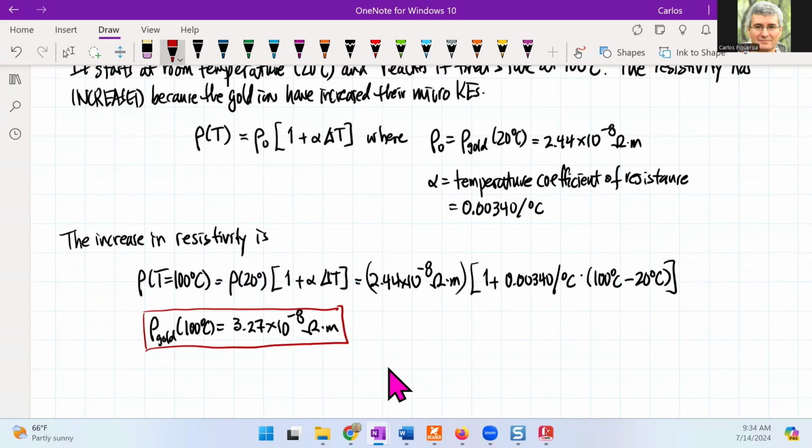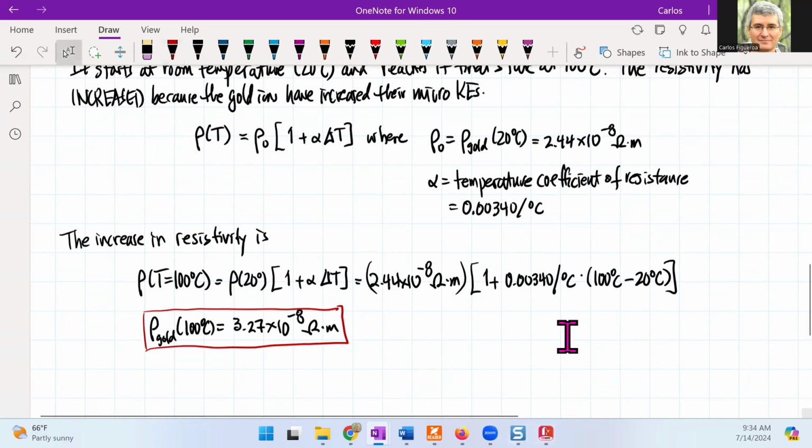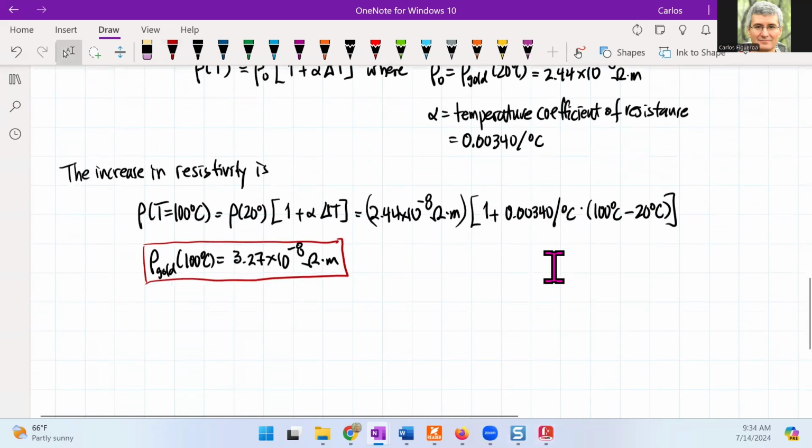Again, these numbers are meaningless unless you use them a lot. So what does this mean?